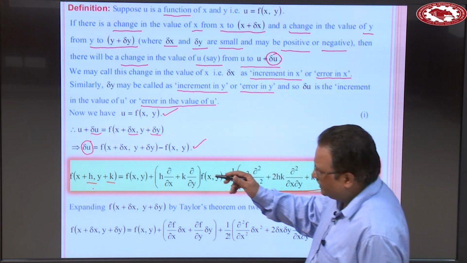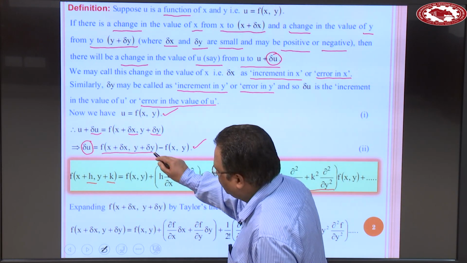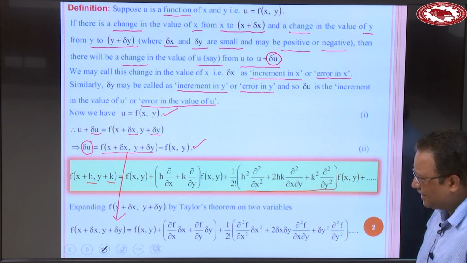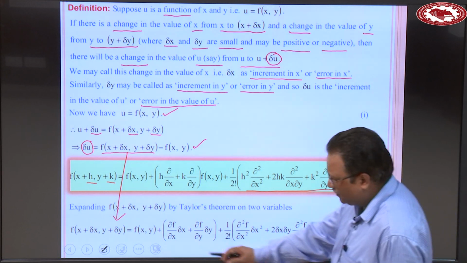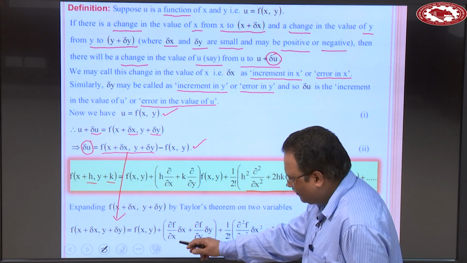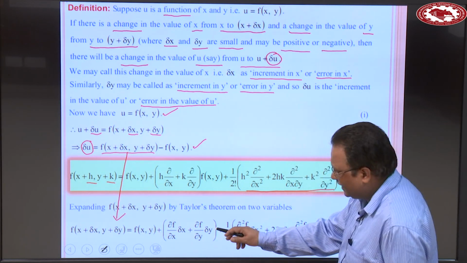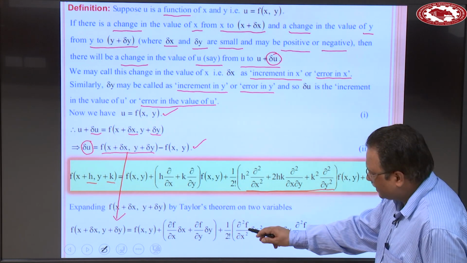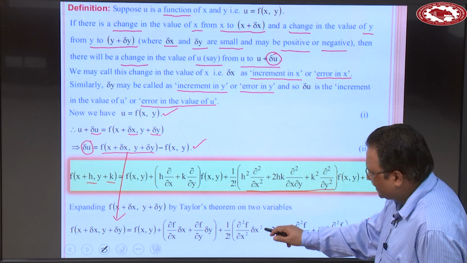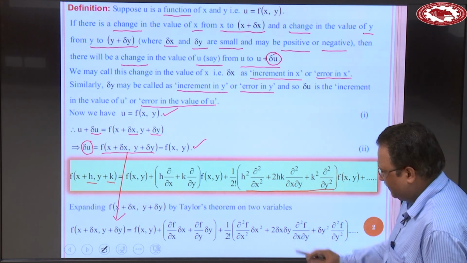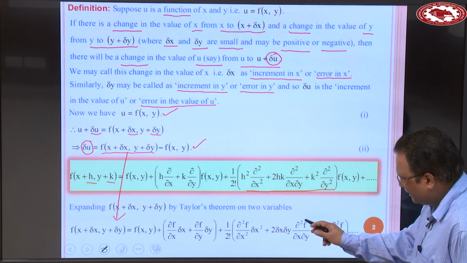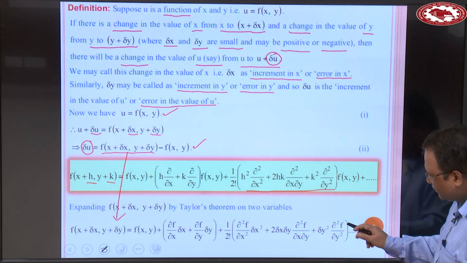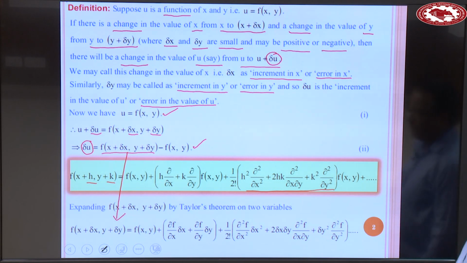When we expand, we obtain f of x plus delta x, y plus delta y is equal to f of x, y plus ∂f/∂x delta x plus ∂f/∂y delta y, plus 1 over 2 factorial times ∂²f/∂x² delta x square, plus 2 delta x delta y ∂²f/∂x∂y, plus delta y square ∂²f/∂y².